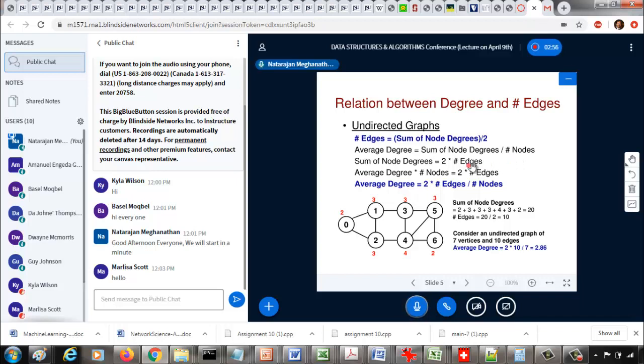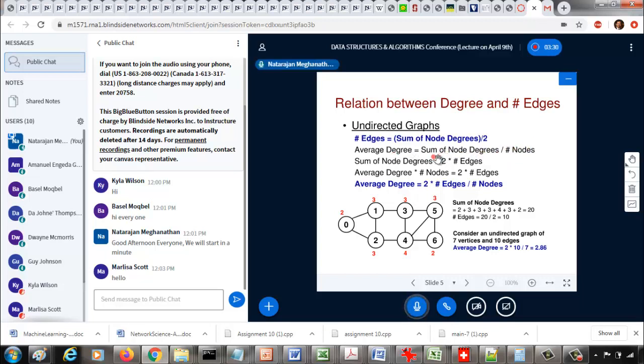Now if you look at the first expression here, the number of edges is the sum of node degrees divided by 2. So by simple cross multiplication, the sum of node degrees can be written as 2 times the number of edges. And from the definition of average degree, the sum of node degrees can be written as the average degree multiplied by the number of nodes.